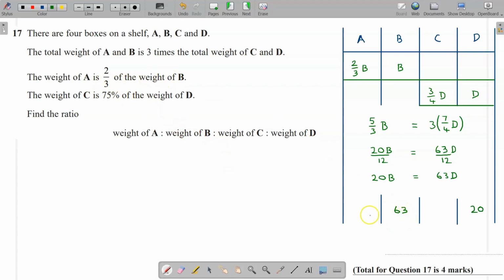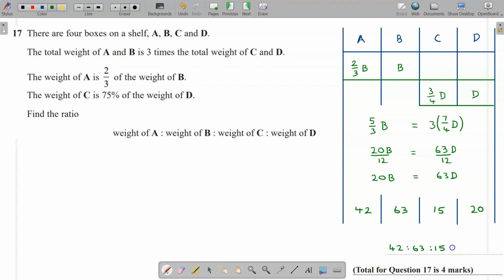Well, 2/3 of 63 is 42. And c is 3/4 of d. Well, 3/4 of 20 is 15. And that's my ratio there. So the answer to the question is 42 to 63 to 15 to 20.